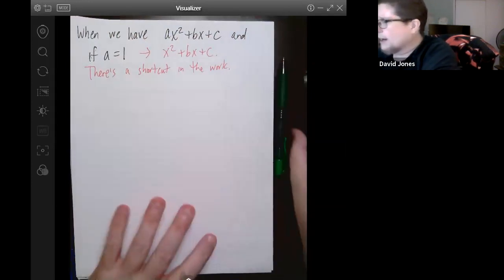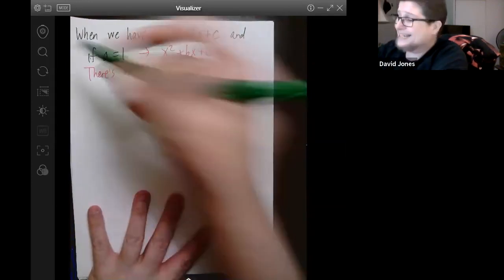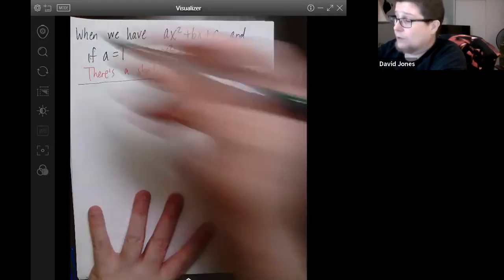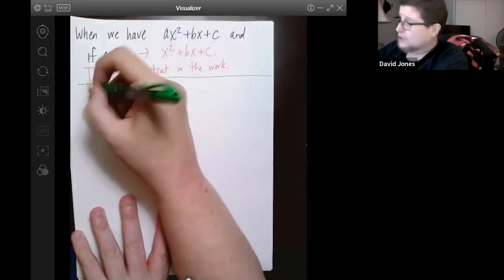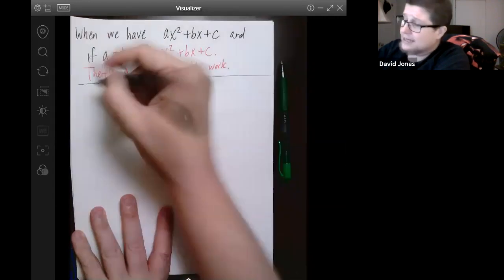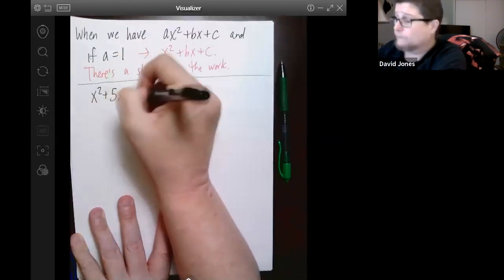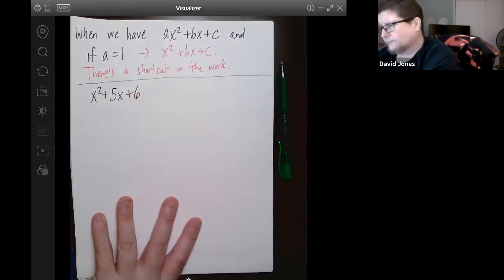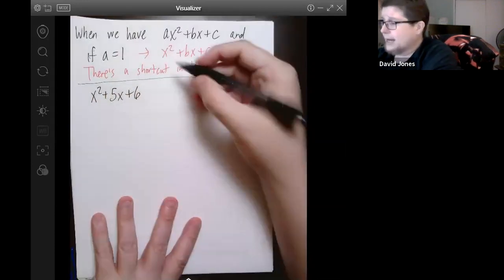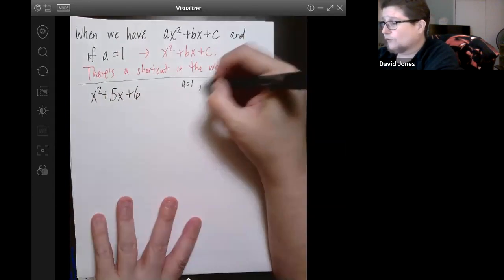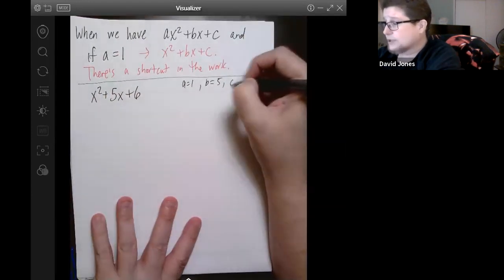I'm going to work it out the way I did, and I'll show you where the shortcut shows up. So let's take a look at one that has a equals 1, like x squared plus 5x plus 6. So a equals 1, b equals 5, c equals 6.